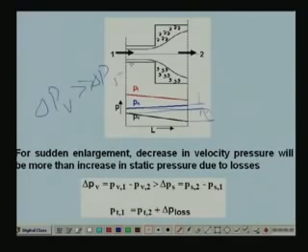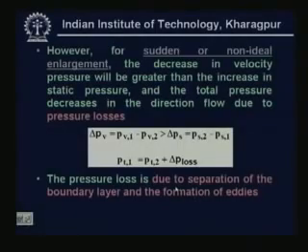The increase in static pressure is much smaller than the decrease in velocity pressure, as a result of which there is a total pressure loss. This is equal to the difference between delta PV and delta PS. The pressure loss here is due to separation of the boundary layer and the formation of eddies.